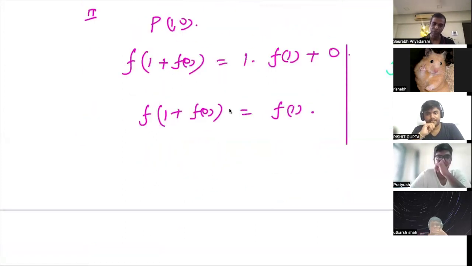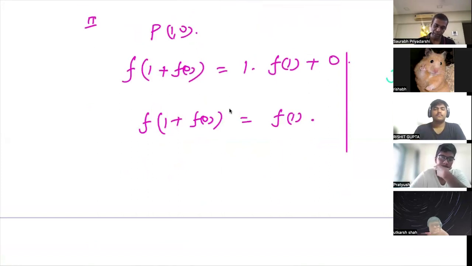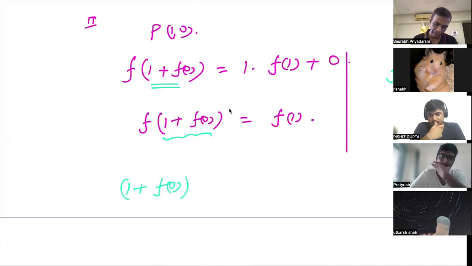So can you see that the function is given, f of 1 plus f naught. Can I say 1 plus f of 0 is nothing but f of 1 plus f0?